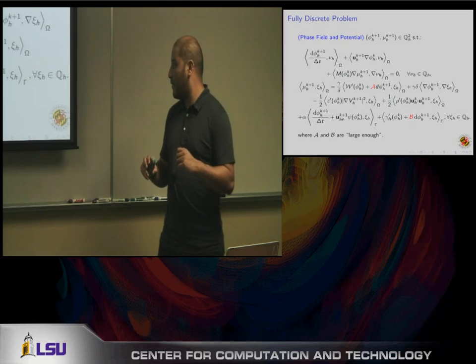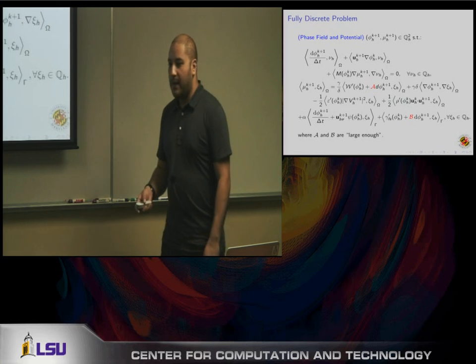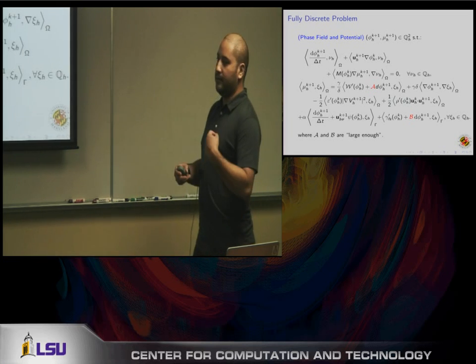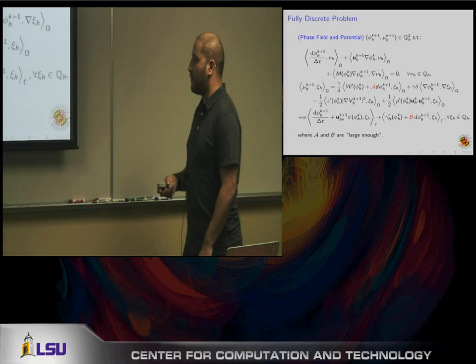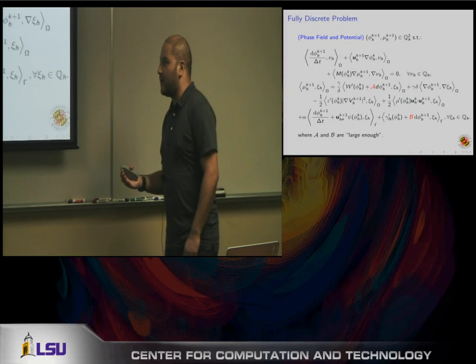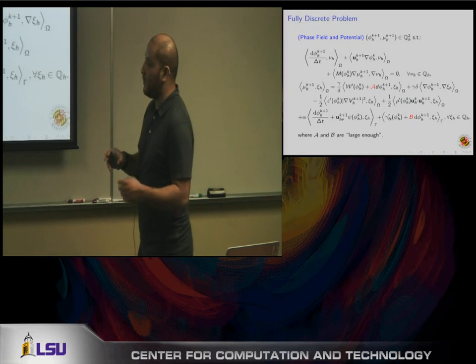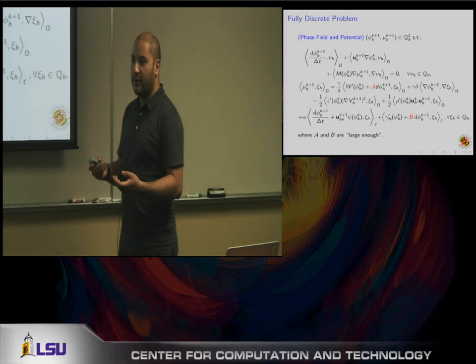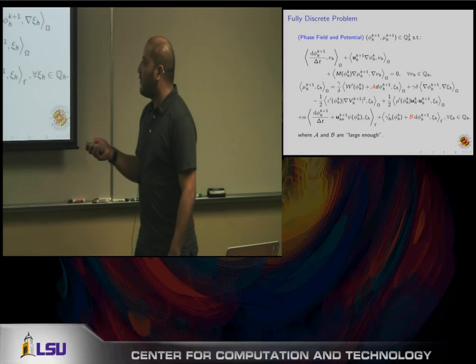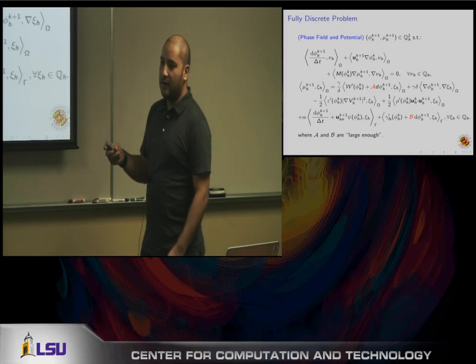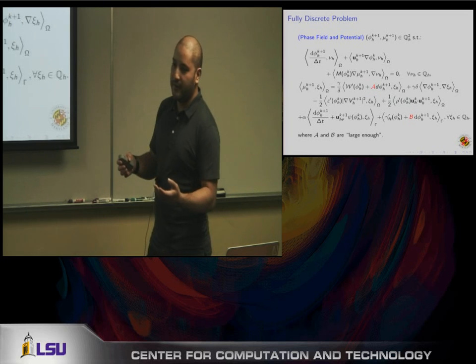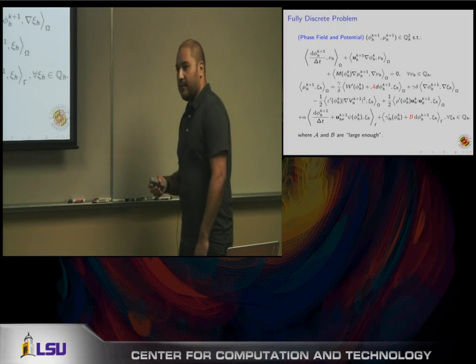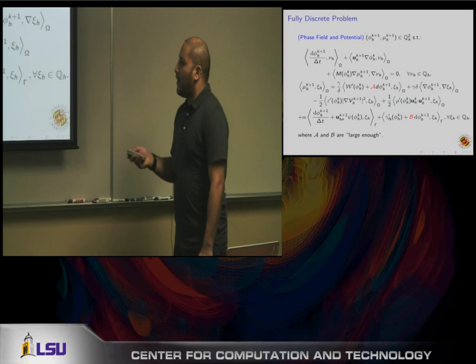How large, we'll tell you in a second. This is trying to make the problem as close to being computable as possible. And moreover, having these things will allow us to say a little more about the quantities.